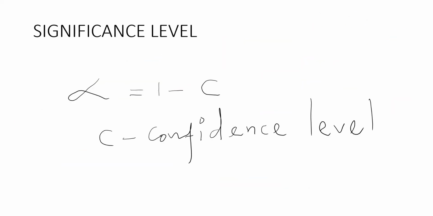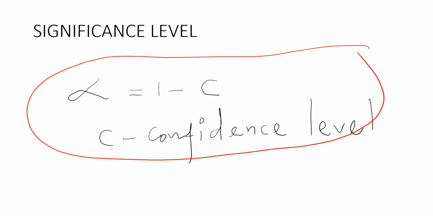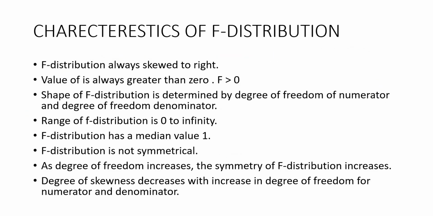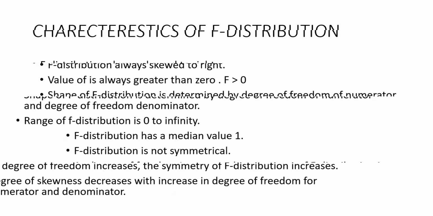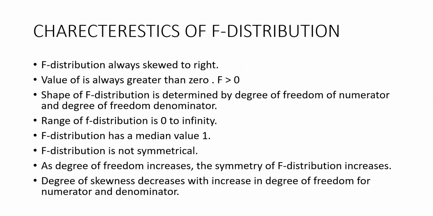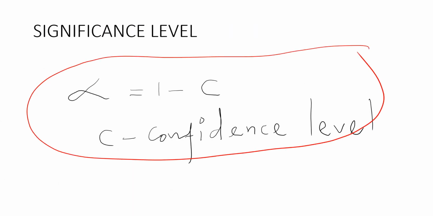Okay, fine. Significance level, I have given the equation 1 minus C, where C is the confidence level. These are all very nice points I am giving you. The characteristics of F distribution: F distribution is always skewed to the right.